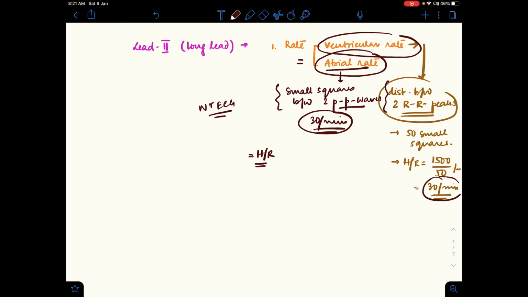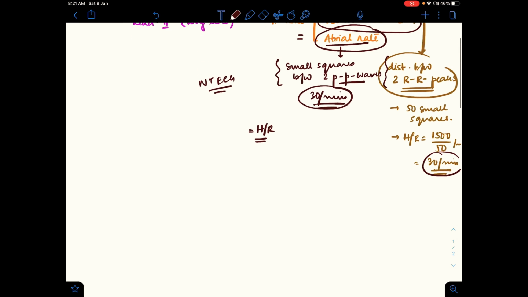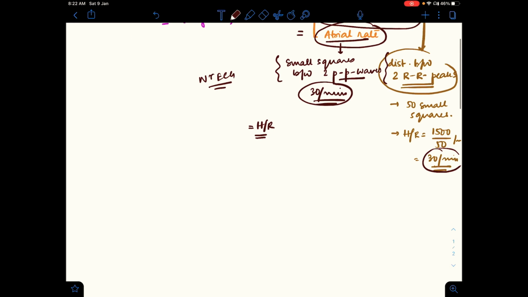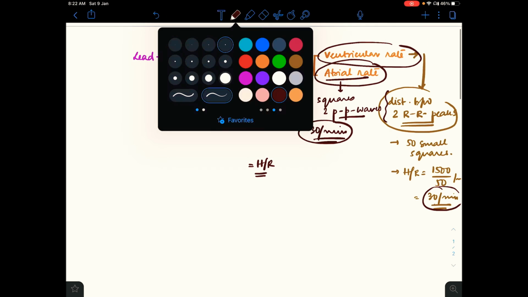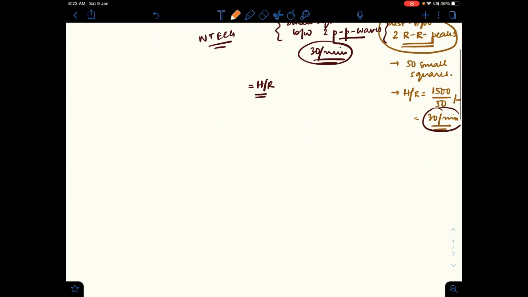Now, what can happen is that they might not be equal. Then we have to calculate differently, so we will discuss it in the module on heart rate. Next to rate, we have to check for the rhythm.